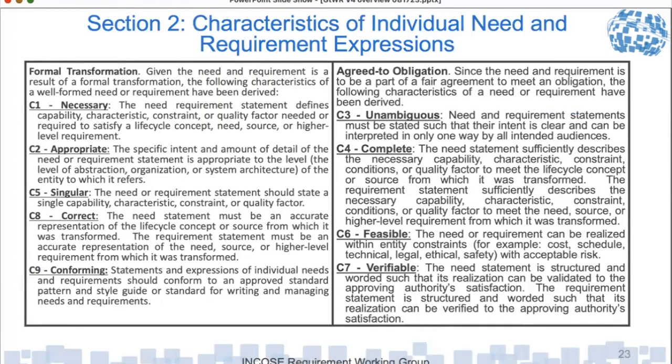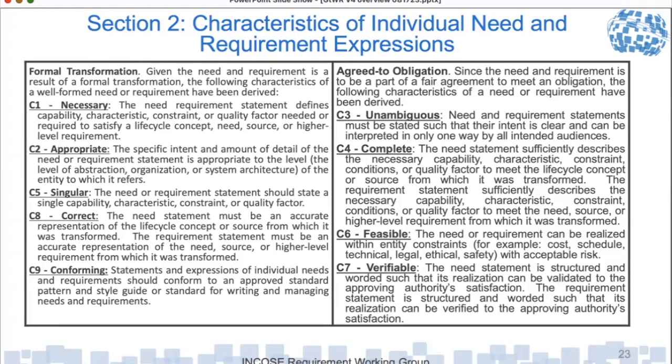Section 2 gets into the characteristics of individual need and requirement expressions. And in our definitions for a need and requirement statement, our definitions have two parts. One talks about a formal transformation. The other talks about an agreed-to obligation. If a requirement is a formal transformation from needs, then you'd expect that requirement to have the listed characteristics.